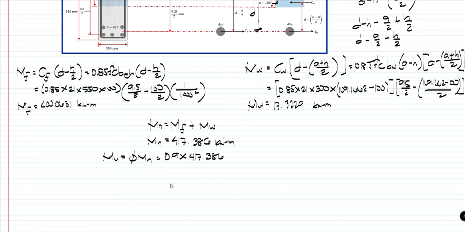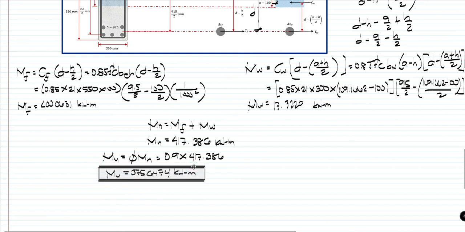So, calculating that equation, we have the ultimate moment capacity of our irregular shape beam, which is 375.6474 kilonewton meter. Ito na ngayon yung ultimate moment capacity nung ating beam. So, yan ay hinahanap natin from our problem.